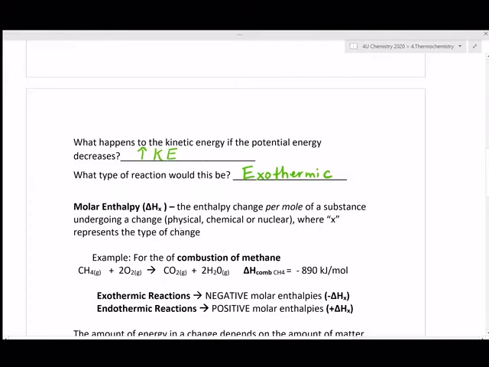So notice instead of an X, now we have combustion, and I've even said of what, because it's going to make a difference what fuel you're burning, what the molar enthalpy value will be. Now this value here could be found in your textbook on page 799, or on any chart that you may Google if you're looking up molar enthalpies.